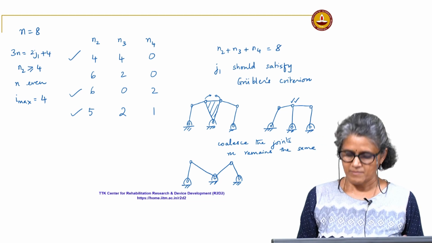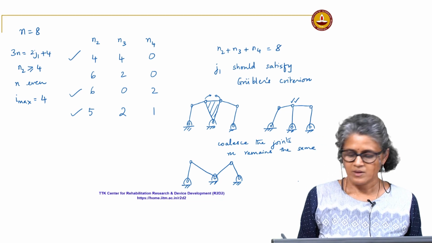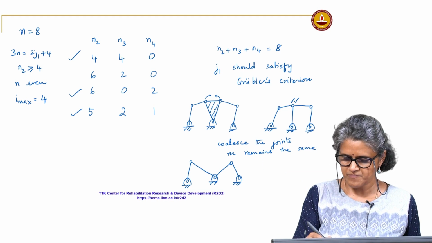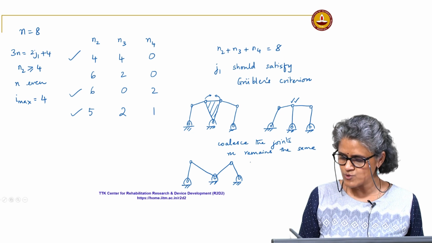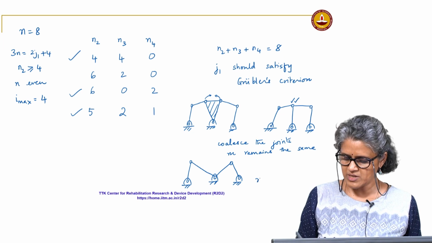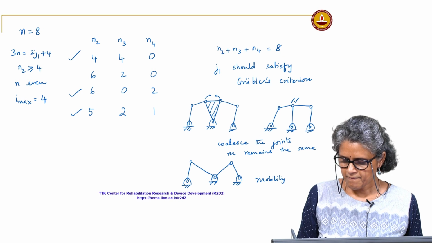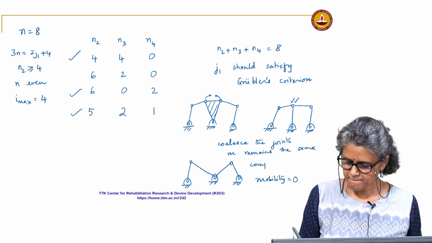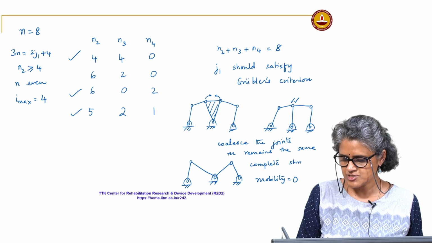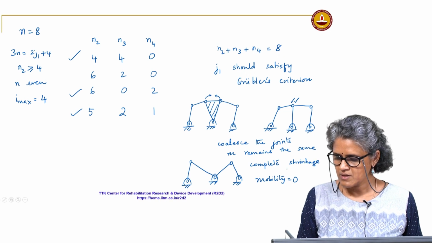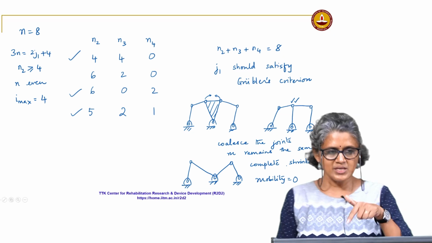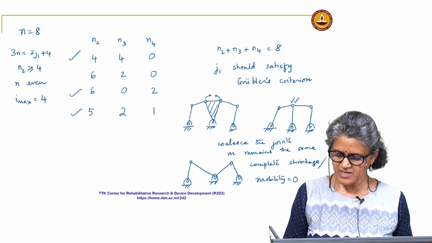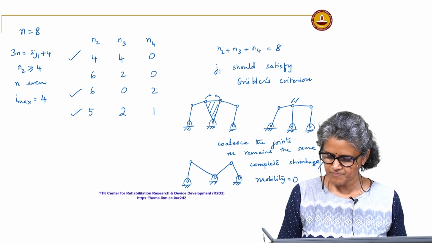Here, mobility becomes 0. So, complete shrinkage, this link is shrunk, right. So, from mobility you lose mobility. Okay. So, here mobility equal to 0. Complete shrinkage leads to reduction in the mobility by 1. So, this is basically complete shrinkage implies removal of a link.